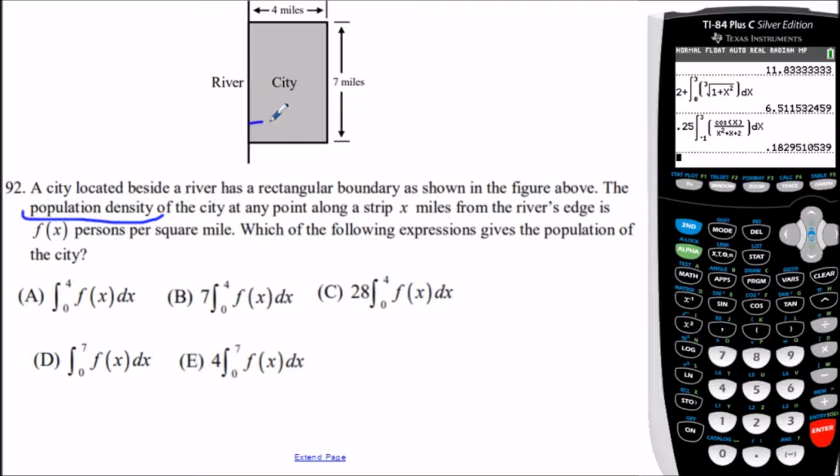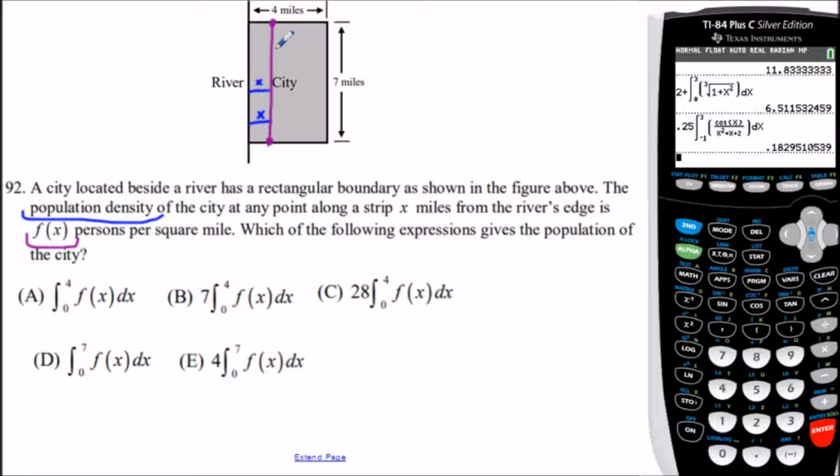So if I'm X miles from the river's edge, that means I'm going like X units in this direction. So the strip is going to be vertical, corresponding to this diagram here, because this strip is X units away from the river, no matter which location I look at. And what they're telling us is that the population density is f of x, persons per square mile.